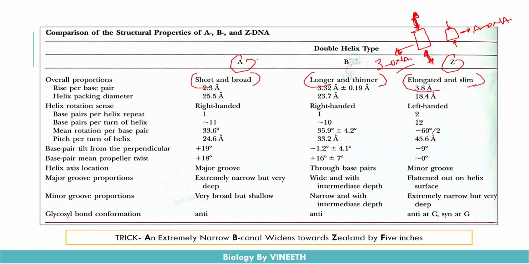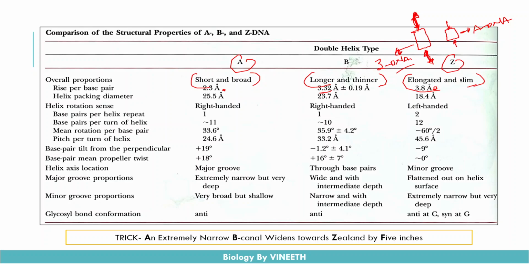And the rise per base pair is also different in these three DNA forms. A-DNA has 2.3 angstroms rise per base pair, while B-DNA has 3.32 to 3.34, and Z-DNA has around 3.8. Because it is very slim and elongated, it will have a higher rise per base pair.